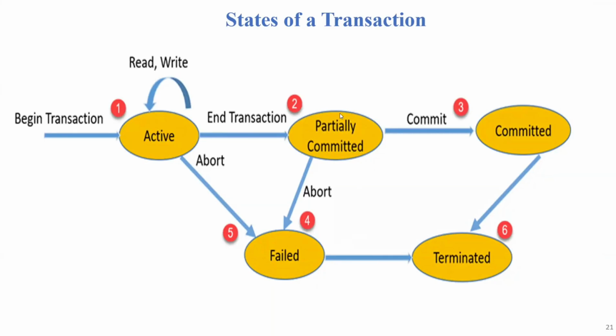Committed means there are no other problems, no system failures or erroneous cases, so we can do the final commit operations. After commit, it will go to the terminated state. If that commit is not done properly due to some errors, then it will go to the failed state. And if it is in the failed state, then we have to revert all the operations that were done. Okay.